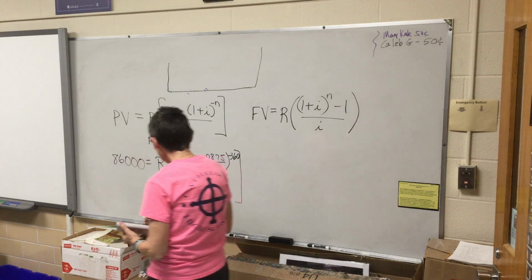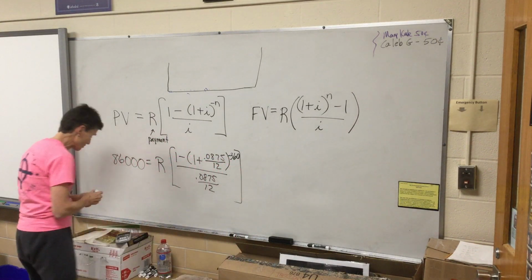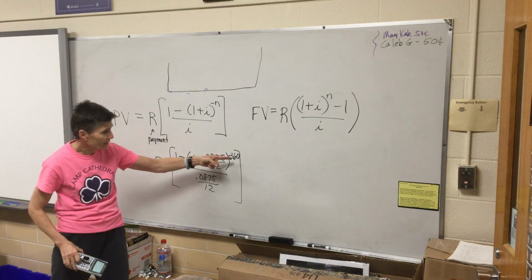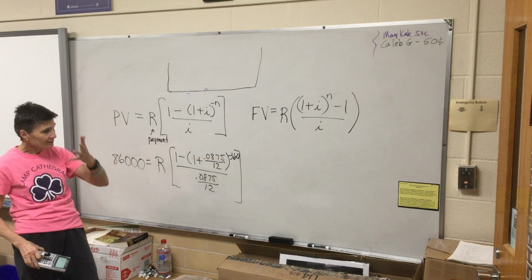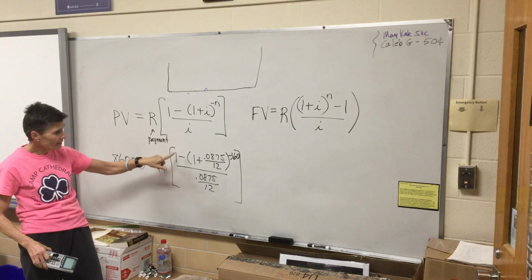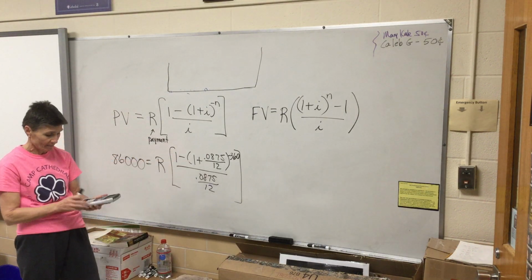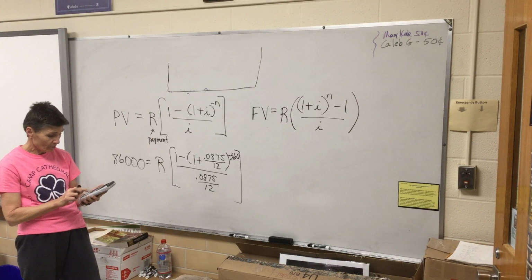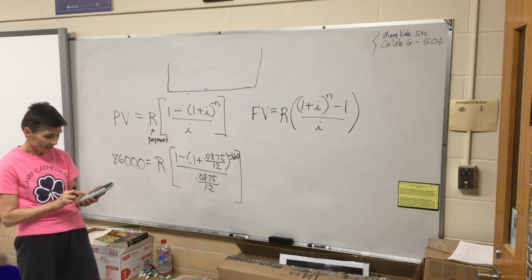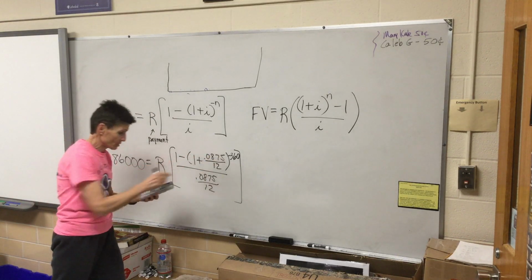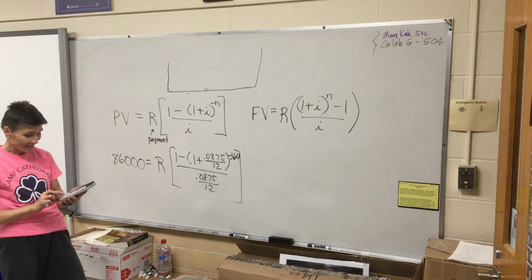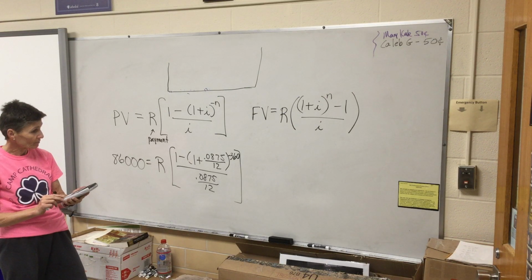All right, we'll walk through this one more time just in case there's somebody having issues. Type in your whole numerator exactly the way it's written. So type 1 minus parentheses, 1 plus 0.0875 divided by 12. Close the parentheses and raise to the negative 360th power.